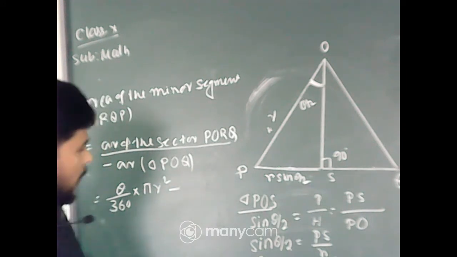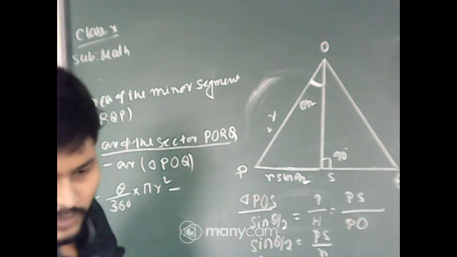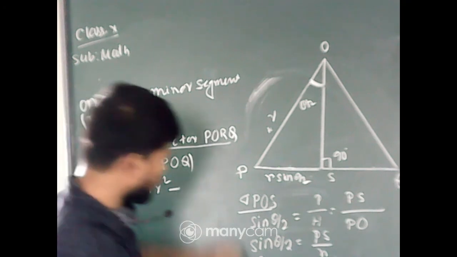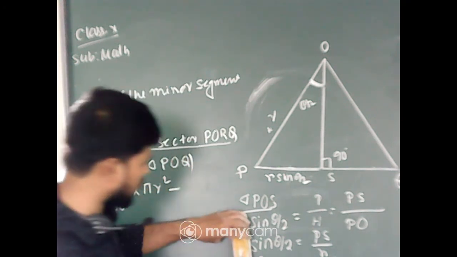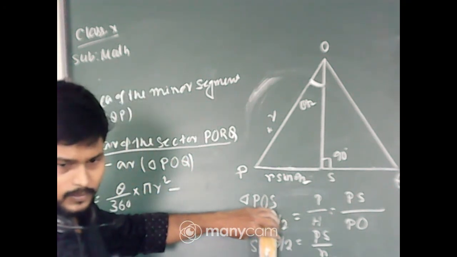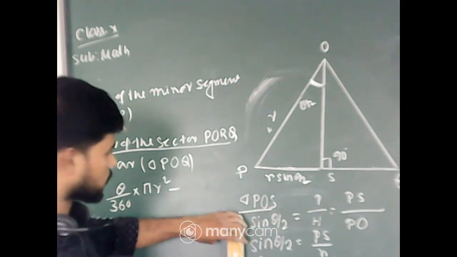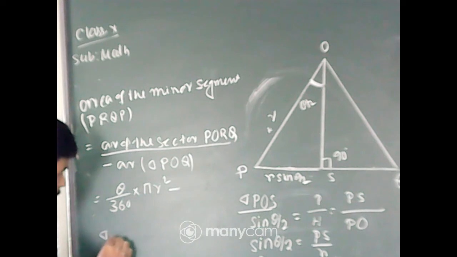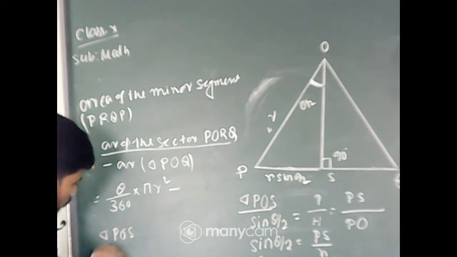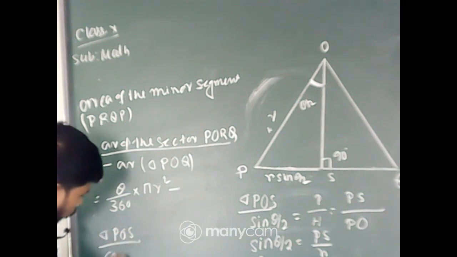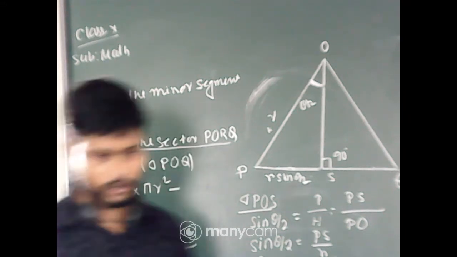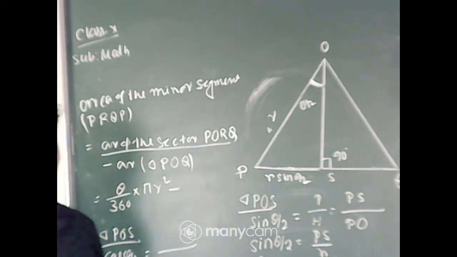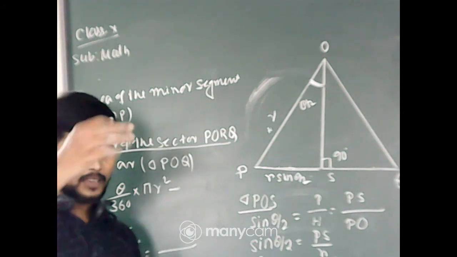Okay? Now, in the same triangle POS, we'll apply cos of theta by 2. So what do you mean by cos? Cos means base by hypotenuse.